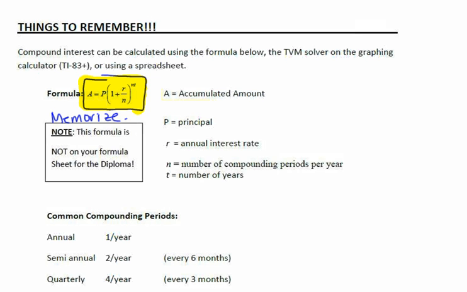So what does A stand for? Accumulated amount, the total amount after the interest is charged, the year-end balance kind of idea. P is your principal, the amount invested or borrowed, the amount you start with.